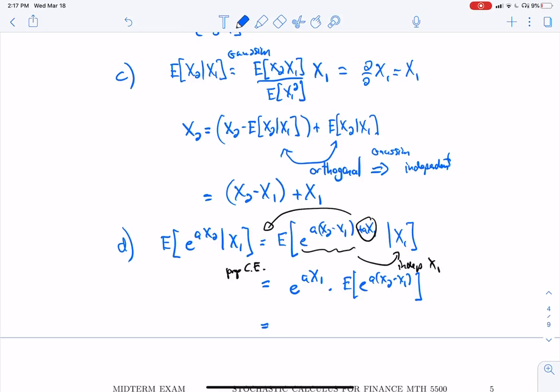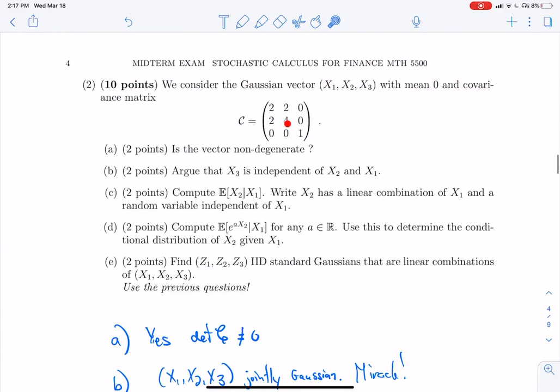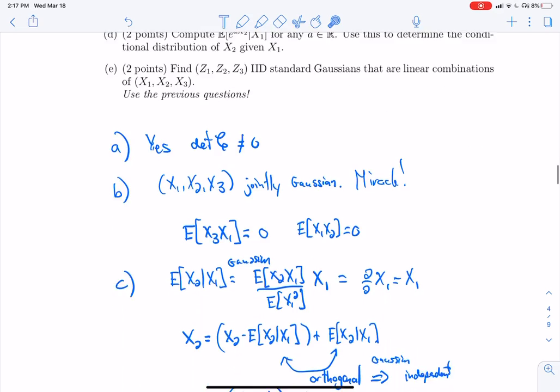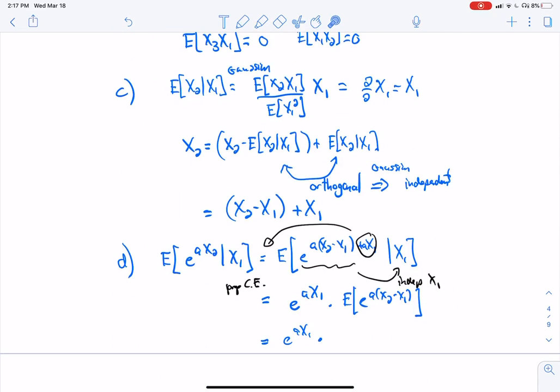All right? Now, what's this? The first term is easy. The other term, x2 minus x1, is this random variable right here. It's a Gaussian, of course. The difference of two jointly Gaussian variables is a Gaussian. So the mean is 0, because everything has mean 0 here. Now I just need the variance. The variance of x2, I can check here, is 4, and the variance of x1 is 2. So the variance of x2 minus x1 is 2. So this guy has variance 2. Okay?